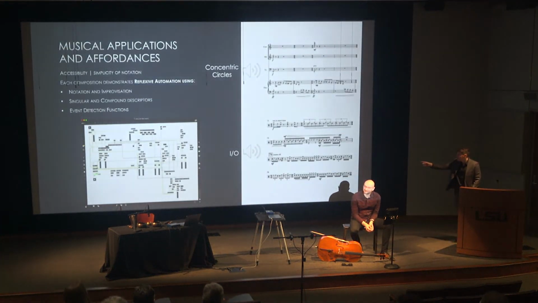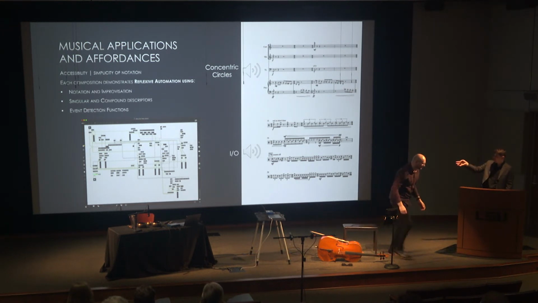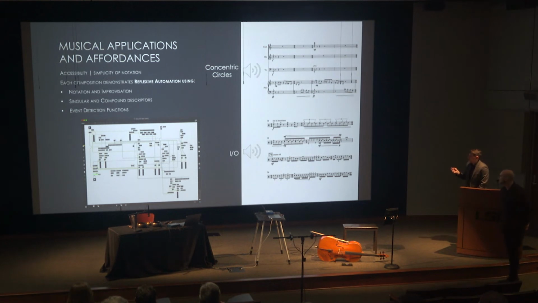But this image on the left is not the patch for Bloom, but the patch for the singing bowl piece. It's much more complicated than the other programs we looked at. In part because of your question, anytime you're working with continuous controls, a number between 0 and 1, like on a flanger, it's going to sound either not processed at all or fully processed and very heavy.